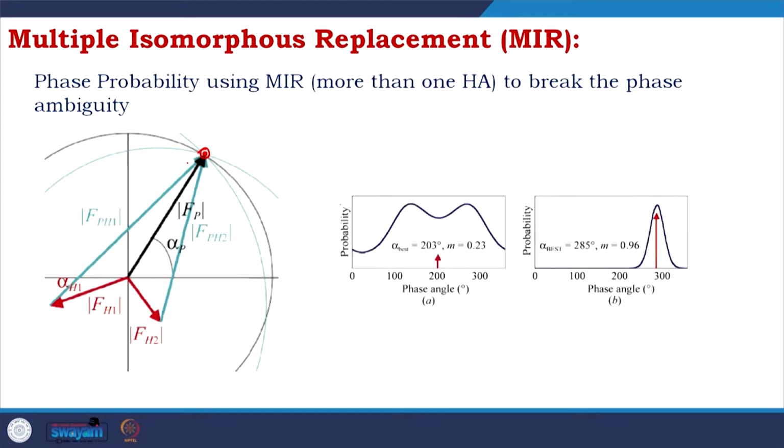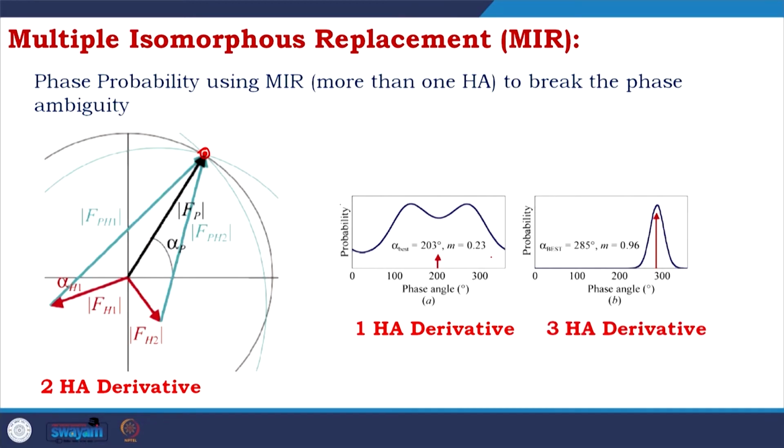So, if you see that, if we compare, this is a 2 heavy atom derivative, this is a 1 heavy atom derivative, we talked about that, you get the confused 2 peak, and the 3 heavy atom derivative you get a very sharp peak.